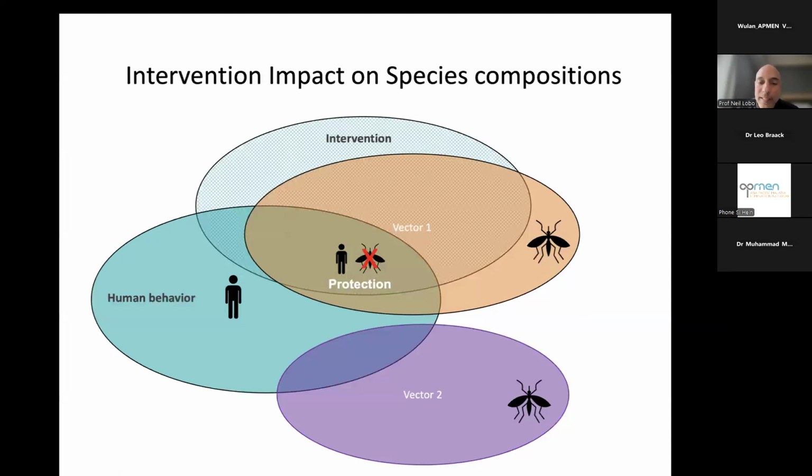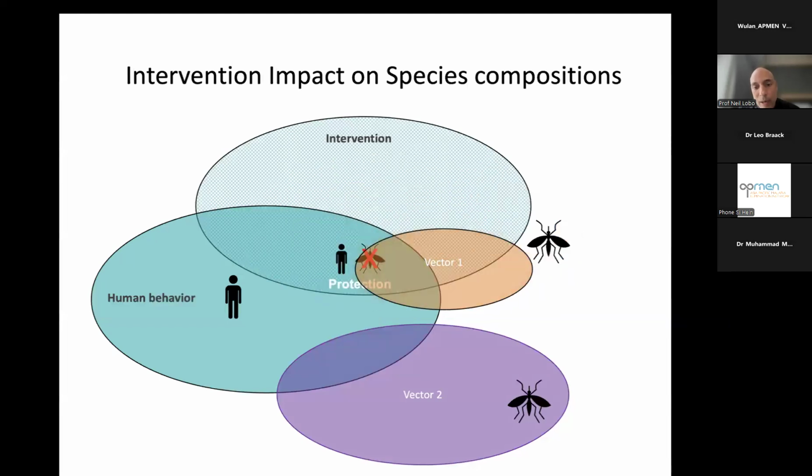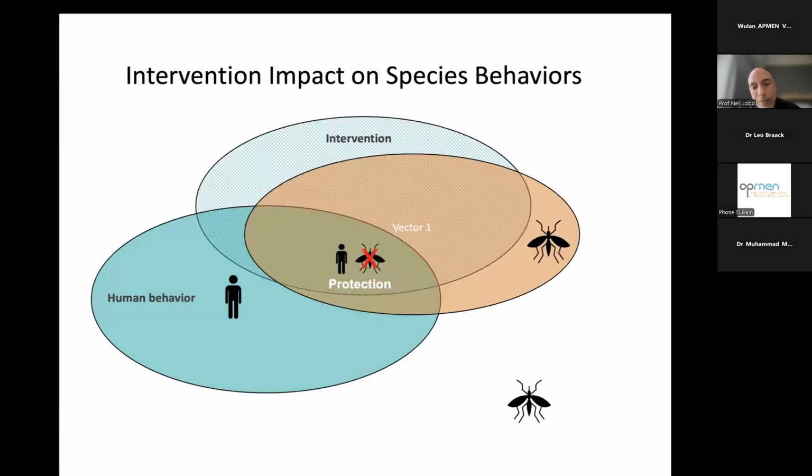You're increasing its daily death rate. And over time, the vector density goes down. So you can see how the intervention changes the species compositions and species-specific densities. And over time, you can almost get rid of vector 1, but nothing happens with vector 2, right?